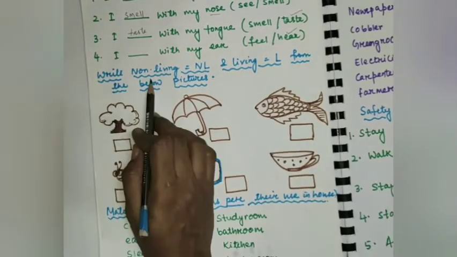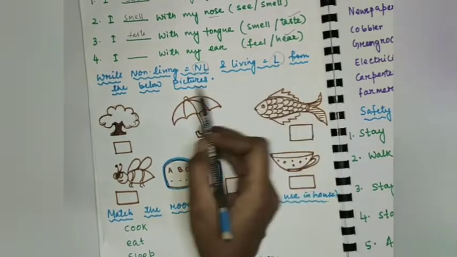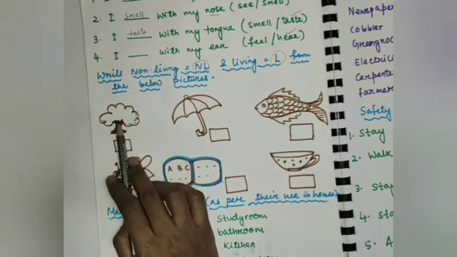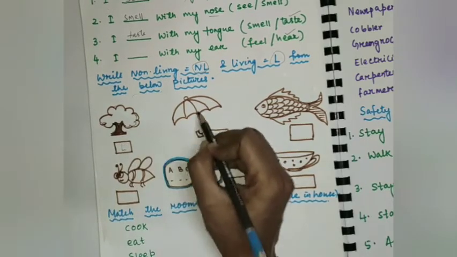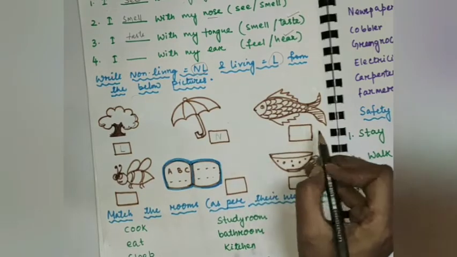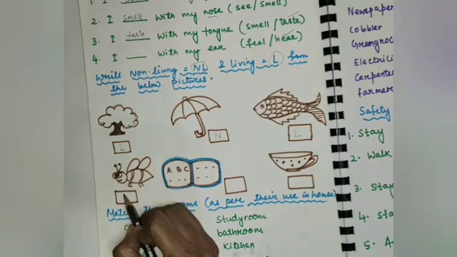Then write NL for non-living and L for living for the pictures given below. The living things are those that can grow and move easily, or move from one place to another, and depend on food, water and air. And non-living things are those that were never alive or cannot move.